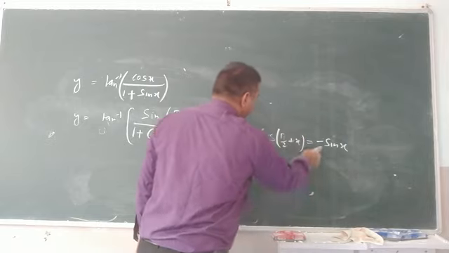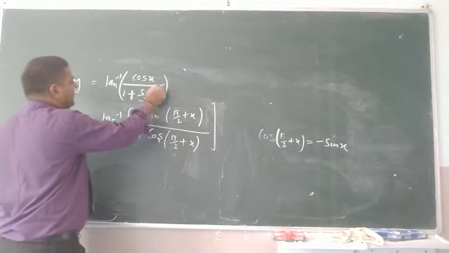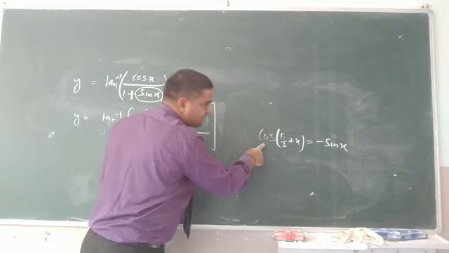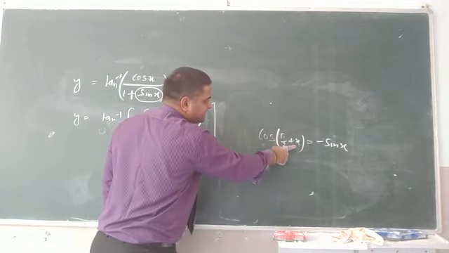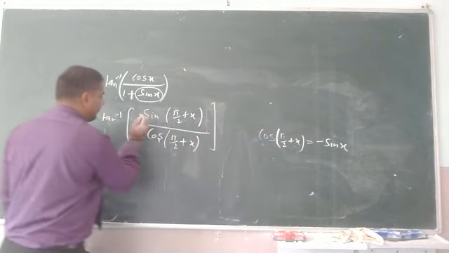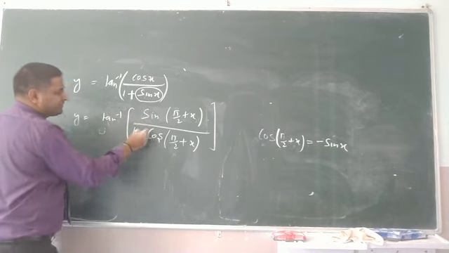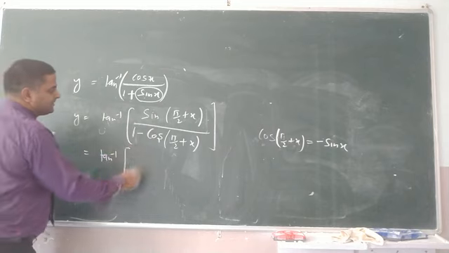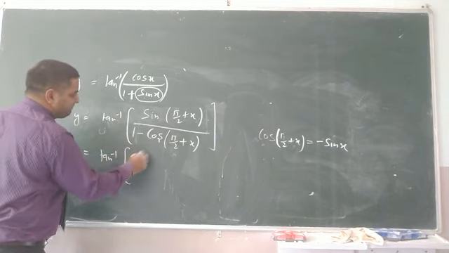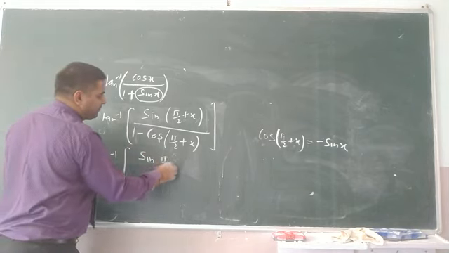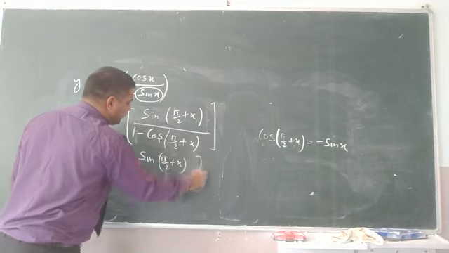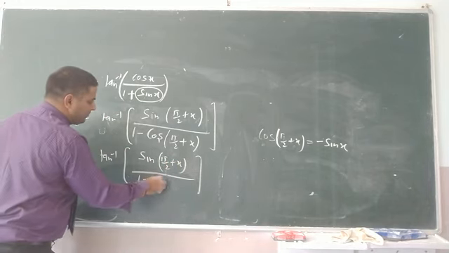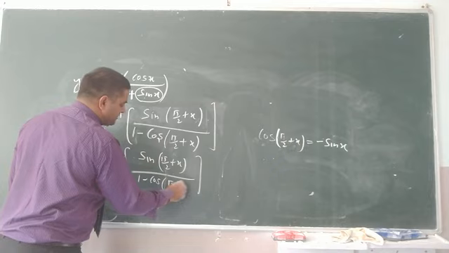It means when we change this sin x to cos of pi by 2 plus x, we have to put a minus sign here. So here it comes minus. So we get tan inverse sin of pi by 2 plus x divided by 1 minus cos of pi by 2 plus x.